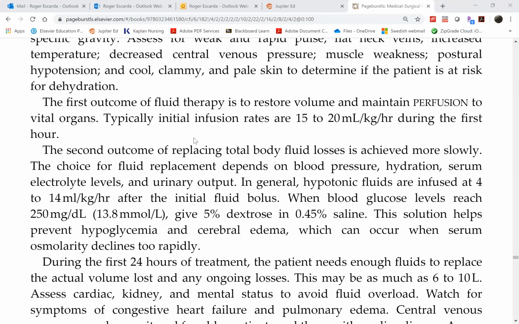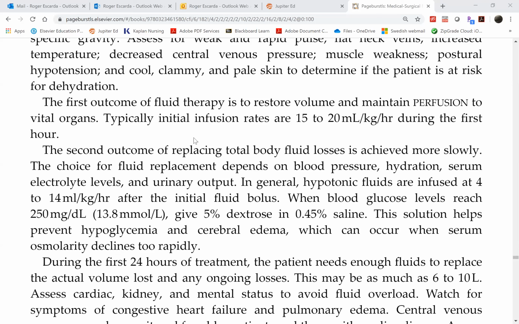In general, hypotonic fluids are infused at 4 to 14 mLs per kg per hour after the initial fluid bolus. When blood glucose levels reach 250 mg per deciliter, give 5% dextrose in 0.45% saline.